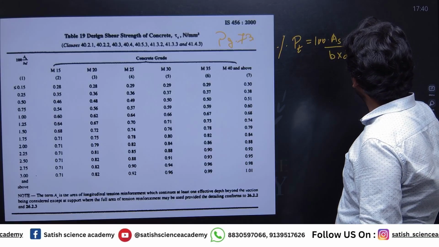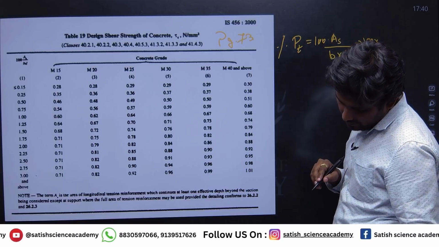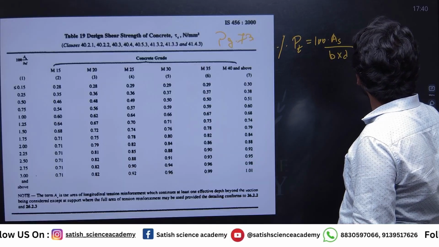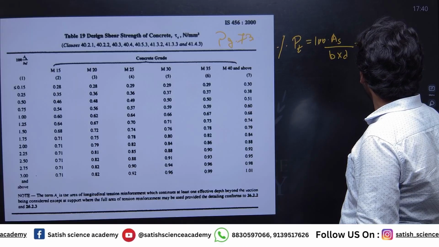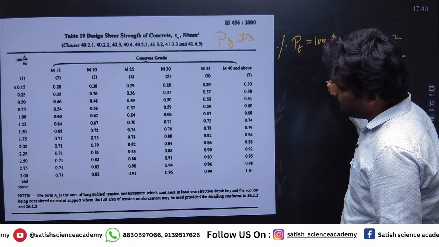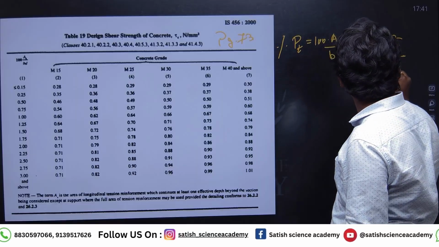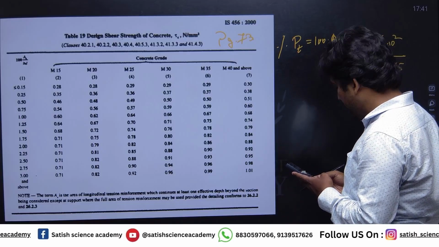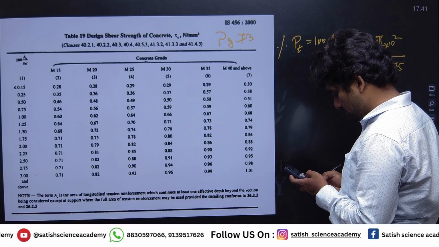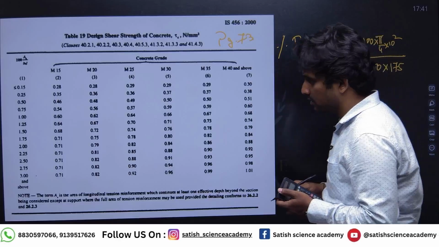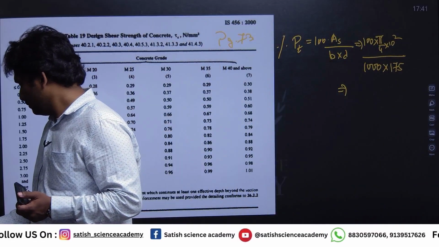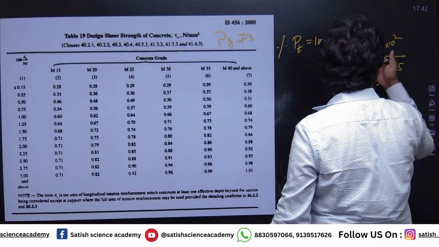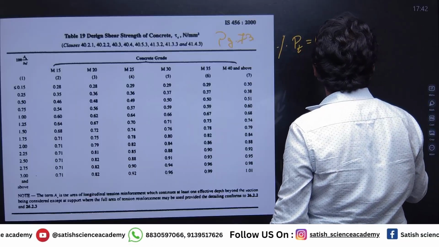So 100 into As is pi by 4 into 10 square, b value is 1000, into d value is 175. See, this is 100 into As divided by bd, no?